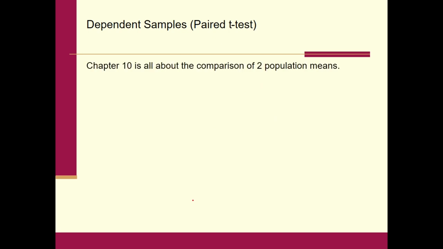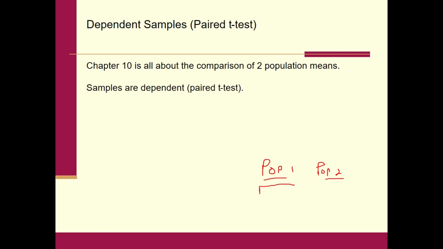And so, remember, Chapter 10 is all about the comparison of two population means, and that is still happening here. However, the samples are dependent. And so what's going on here is the following: you have population number 1, you have population number 2, and remember what we said before, maybe you have this before and after situation, and so you have a person in population number 1 and before.